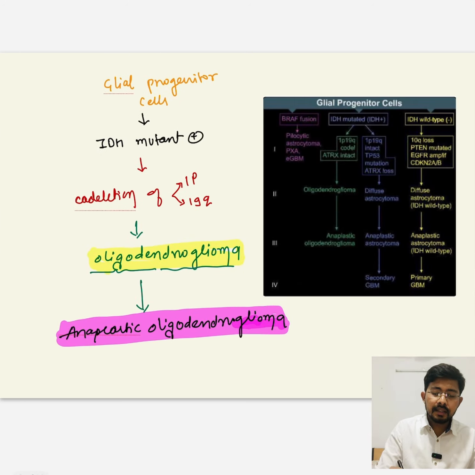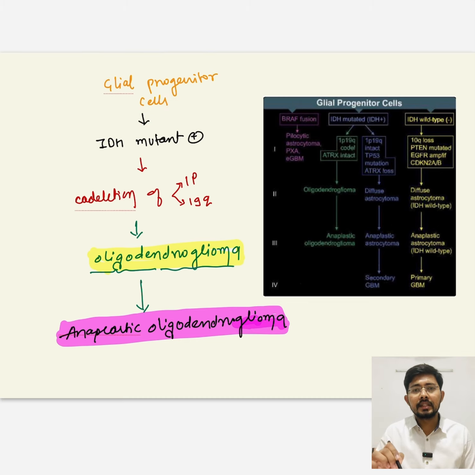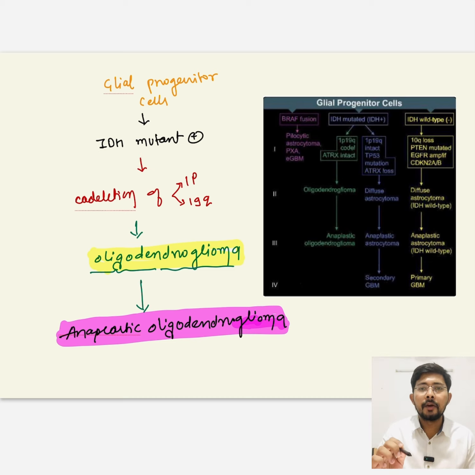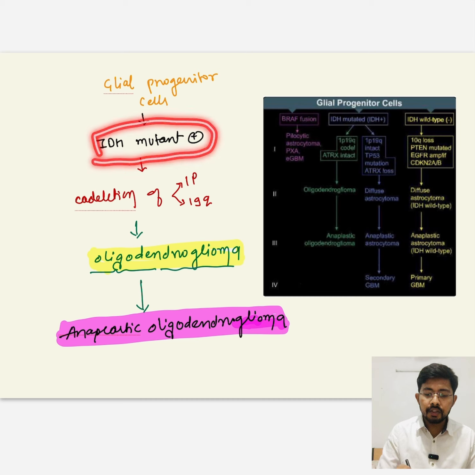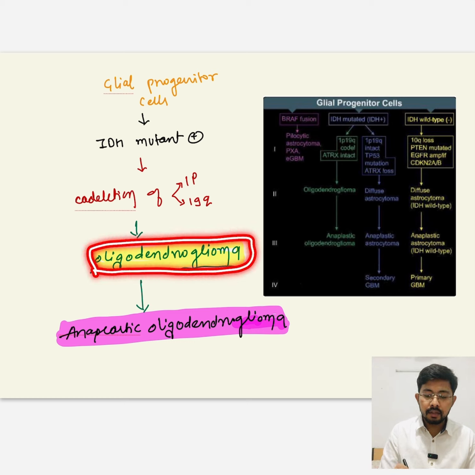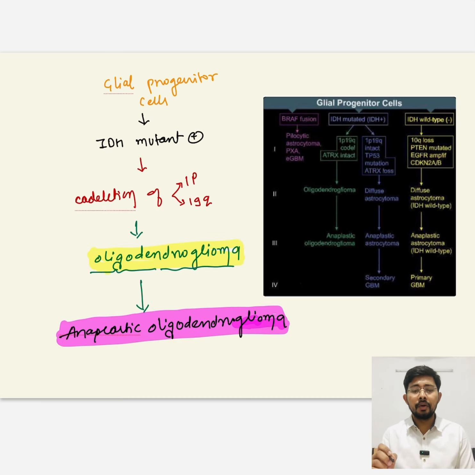This tumor arises from glial progenitor cells. Glial progenitor cells undergo a mutation called the IDH mutation. IDH is isocitrate dehydrogenase, which helps in the citric acid cycle. This mutation then leads to co-deletion of chromosomes 1p and 19q. These successive mutations lead to oligodendroglioma. Then after further mutations, the condition converts into anaplastic oligodendroglioma.